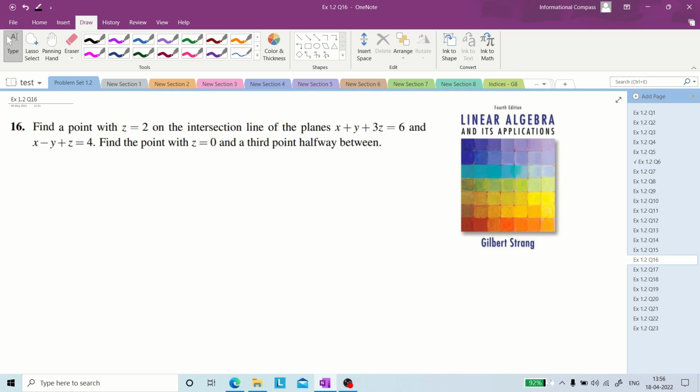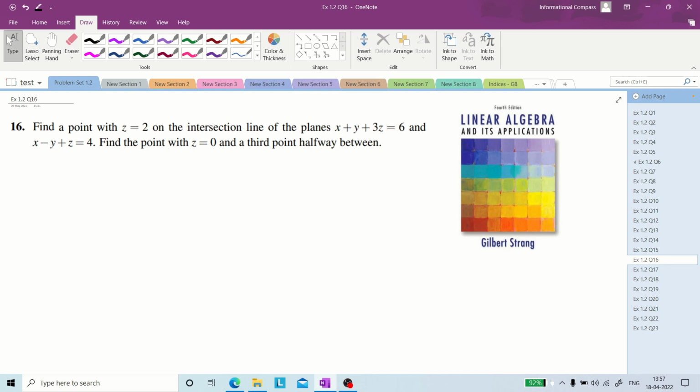I'll read the question for you. Find a point with z equal to 2 on the intersection line of the planes x plus y plus 3z equal to 6 and x minus y plus z equal to 4. Find the point with z equal to 0 and a third point halfway between. So how are we going to solve this? I'll help you out.